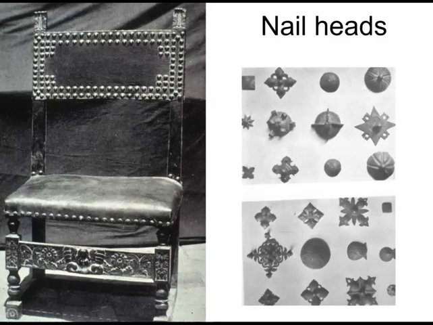When we think of nail heads today and how they're applied to furniture pieces, it's usually just a very decorative, simple design, very similar to this circular design here. But I wanted to show you on the image on the right how detailed many of these nail head designs could be during the Spanish Renaissance. And you can see some of, I think, the Gothic influence in the nail head designs, and then just the simple classical designs also.